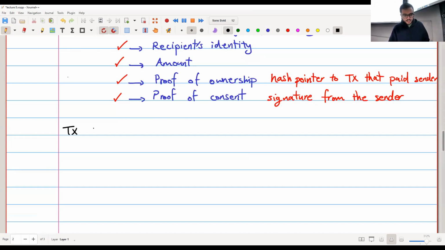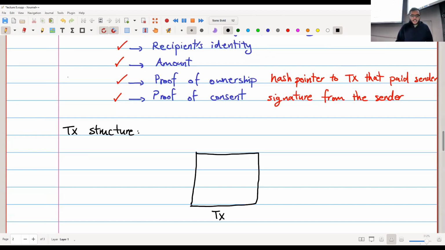So my transaction structure is like this. I'm going to have my transaction and basically my transaction is going to have a bunch of inputs. And the inputs are, the way you have to think about it, these are the monies that are flowing into this transaction. Okay, so I will have some inputs.